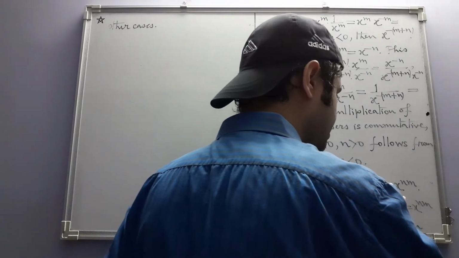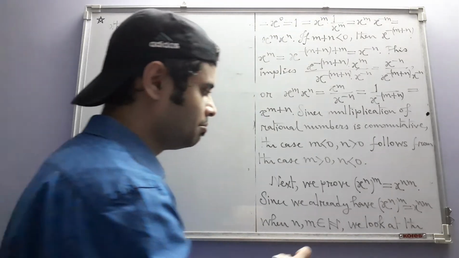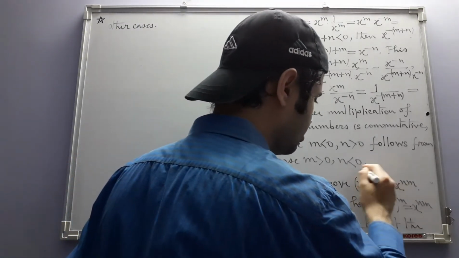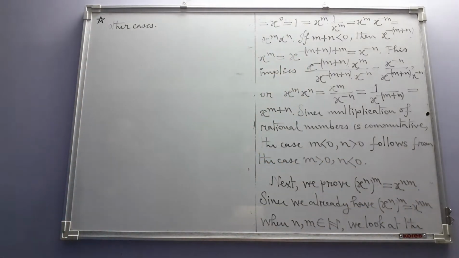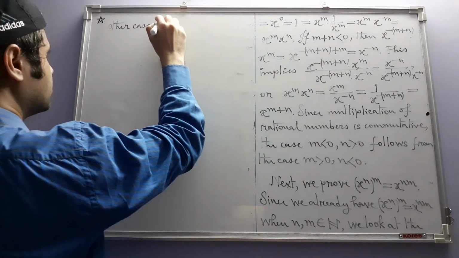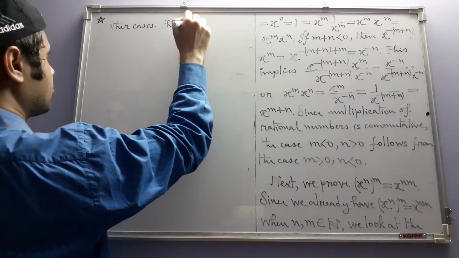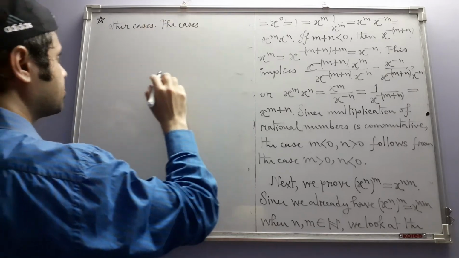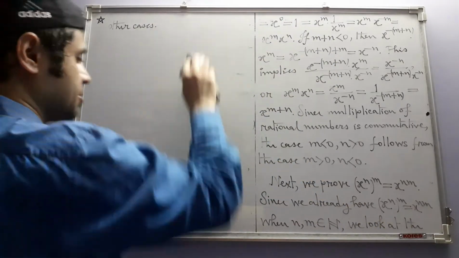If m is 0, then you don't have to, that is even more immediate. If m is 0, the left hand side is 1, the right hand side is also 1. The cases are, let's just write like this.